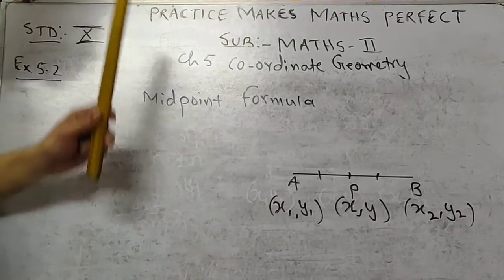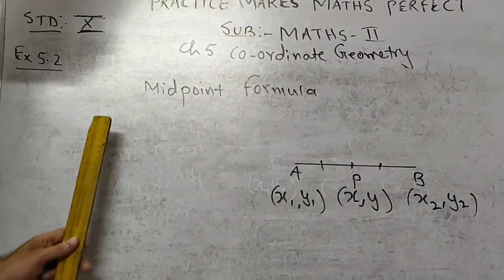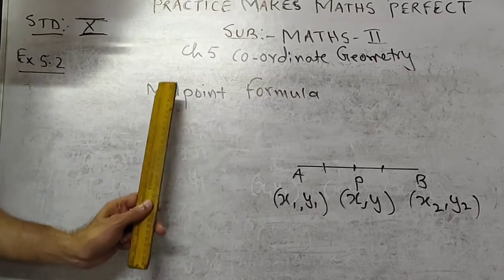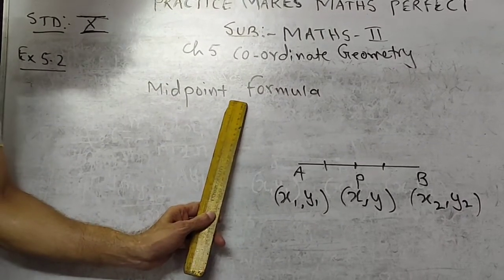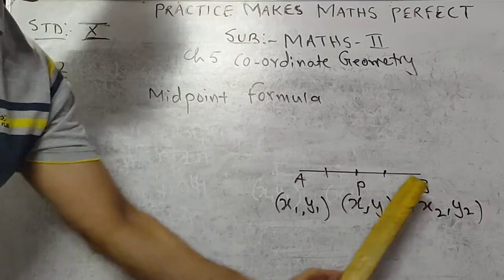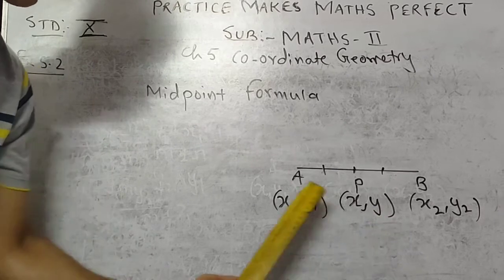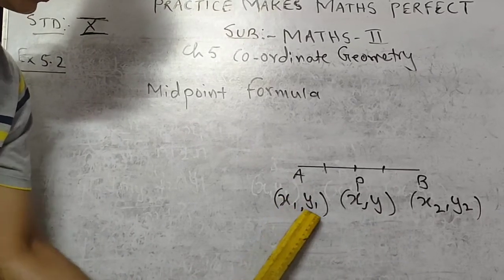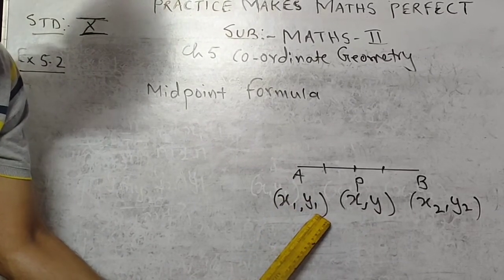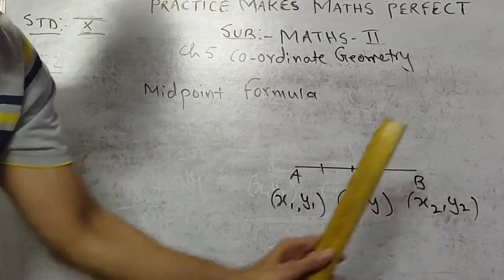My dear students, come to the second concept. For exercise 5.2, the second concept is the midpoint formula. Now you can see P is the midpoint of AB. So coordinate of P will be x, y. Coordinate of A will be x1, y1. And coordinate of B is x2, y2.